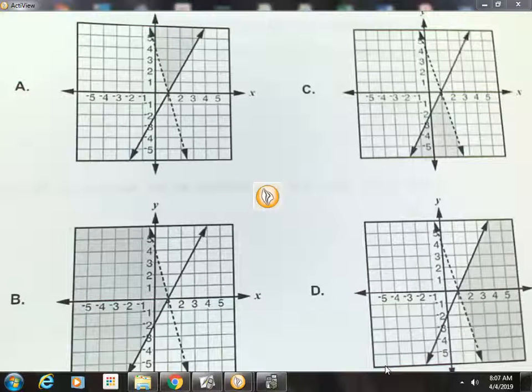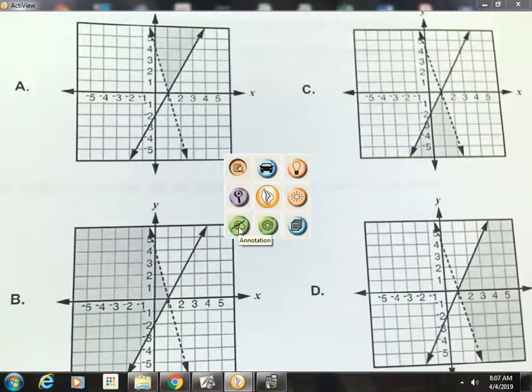If I pick an ordered pair in the shaded region on C, A, or B, it shouldn't work in both inequalities. They work in one but not the other. D is the right answer.